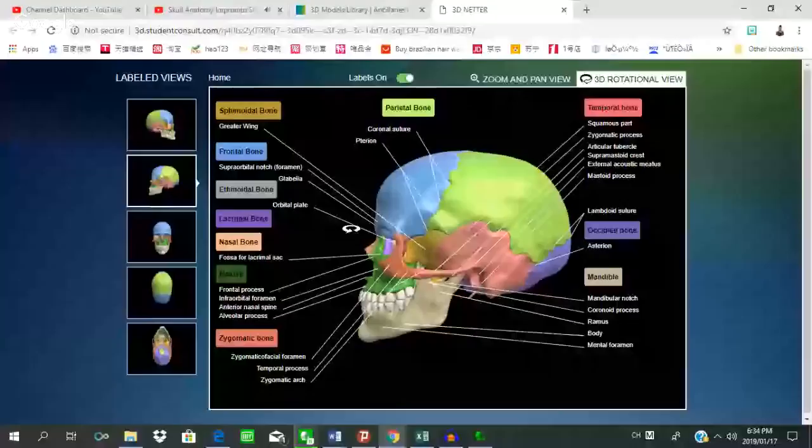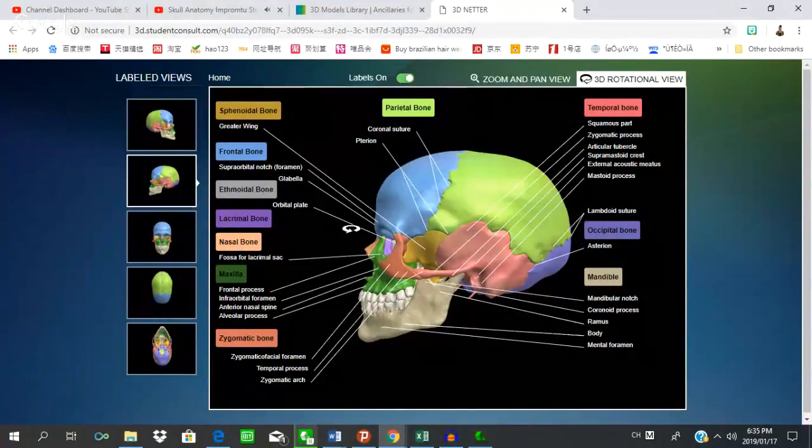Even if you hold the area just above your eye socket on your own body, you can feel what they're referring to. That is the supraorbital notch.